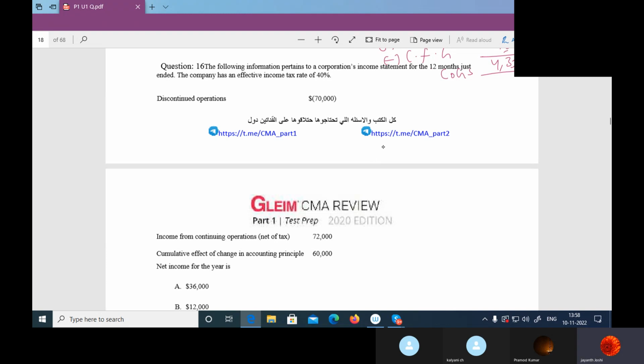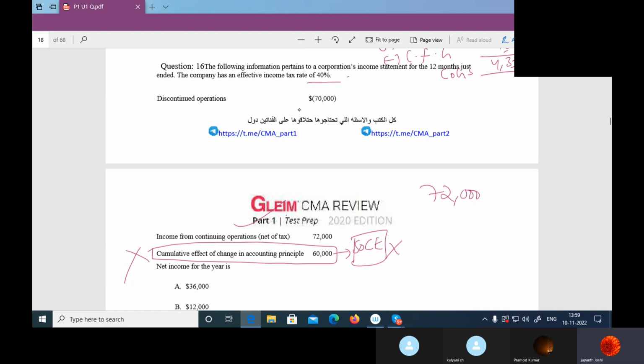See, they have given something to confuse you. This is not a part of any calculation here. This has to be shown in the statement of changes in equity. So don't get confused. What is your income from continuing operations? 72,000. This is net of tax, correct? Your tax rate is 40%.